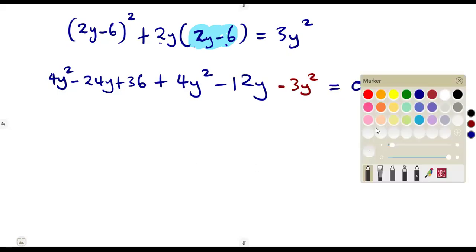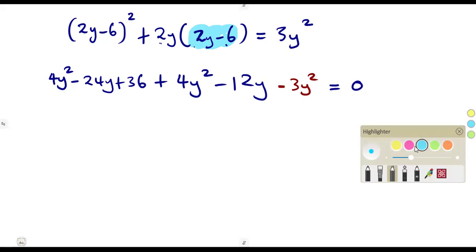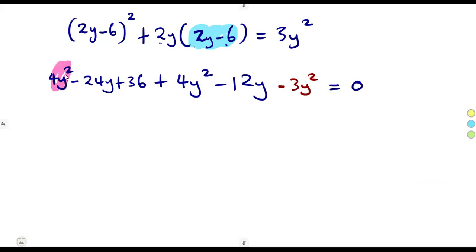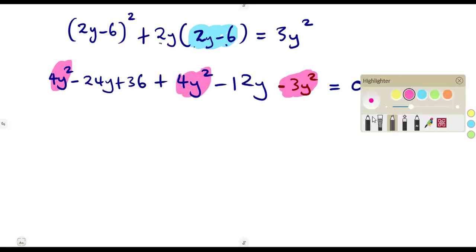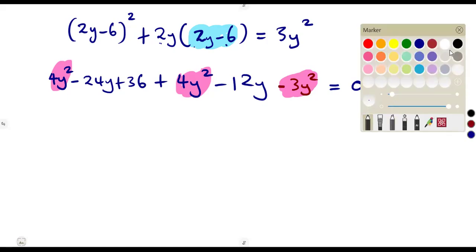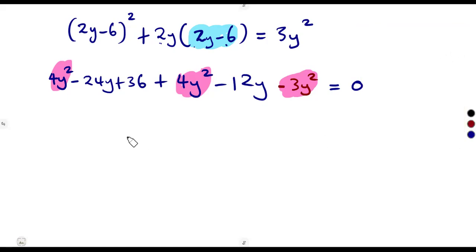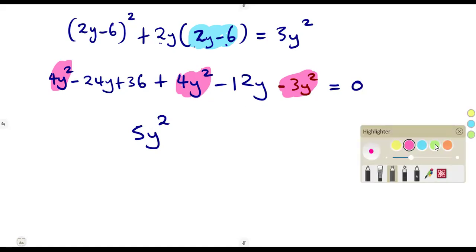So let's collect the like terms on the left-hand side. We've got 4y squared plus 4y squared minus 3y squared. So 4 plus 4, that's 8 minus 3, which is 5. So just use your calculator there. It was going to give you a 5. So that was going to be 5y squared. All right. We still have the like terms here.